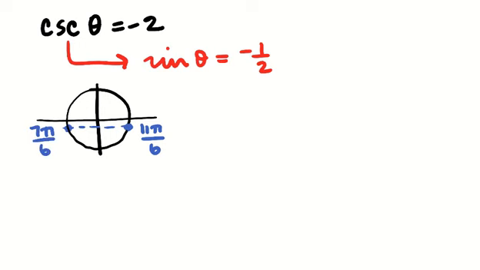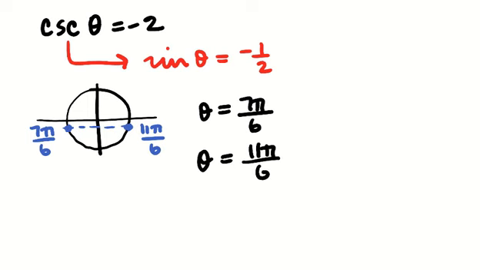So I conclude that theta is equal to 7 pi over 6, and theta is 11 pi over 6. Again, because sine is the reciprocal of cosecant, and it corresponds to the y-coordinate. The y-coordinate is not very negative, but it is negative. You go down a little bit, that's 7 pi over 6 and 11 pi over 6, like I did in blue.